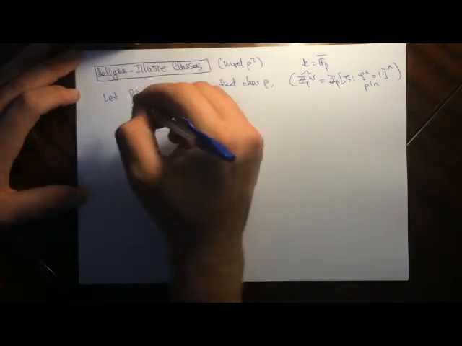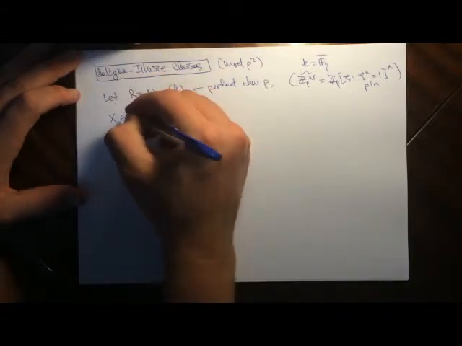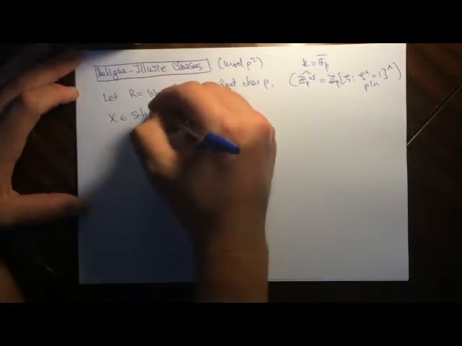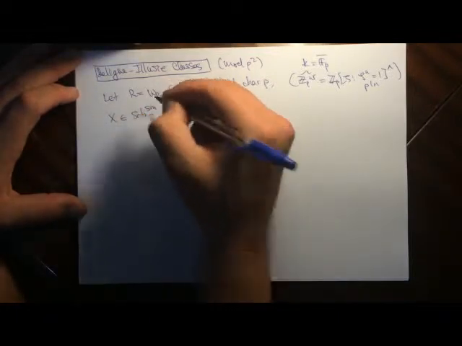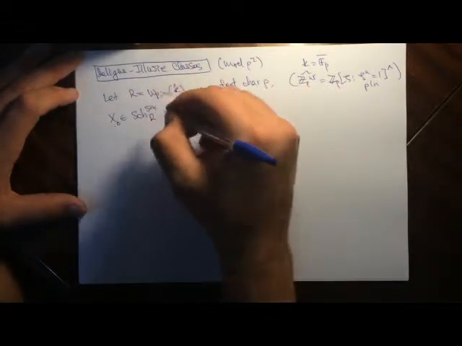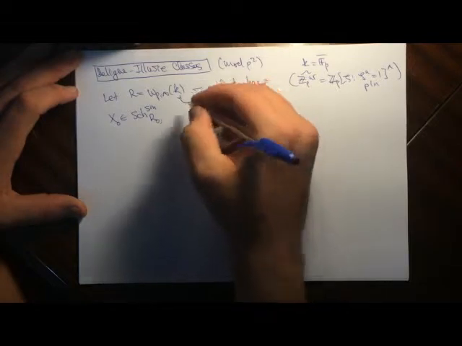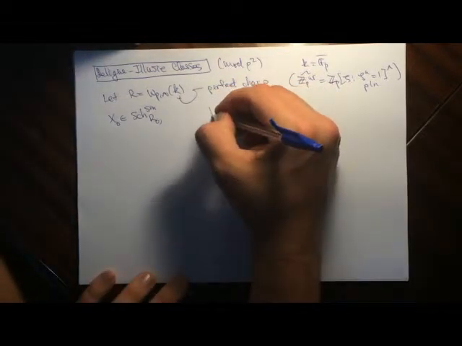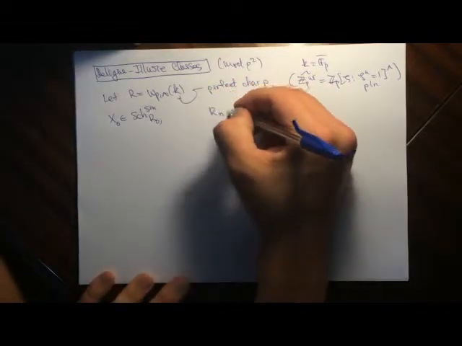Then we're going to take X to be, let's say, a scheme over R, which is smooth. Let's say X_0 is over R_0, and here I'm going to use the notation that R_n is equal to R mod p^(n+1).